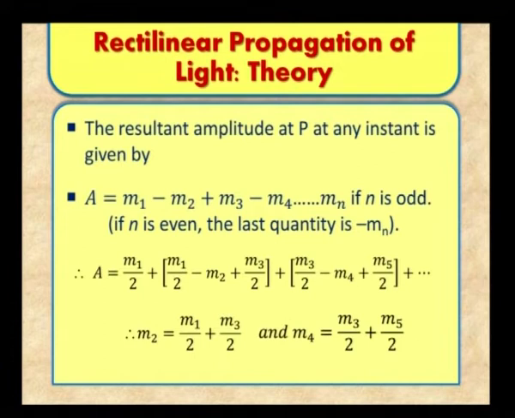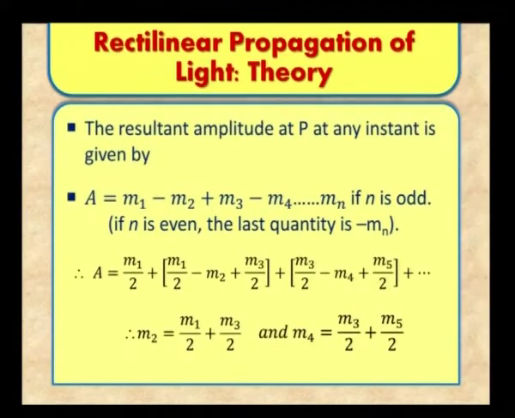Light coming from the first zone differs by a phase difference of pi from the light coming from the second zone. That is the reason why you have alternately positive and negative. They will be trying to annul each other. The constructive and destructive interference: a phase difference of 2 pi equals 0, while a phase difference of pi means it will be positive and negative. That is the reason why you have M1 minus M2 plus M3 minus M4 and so on.